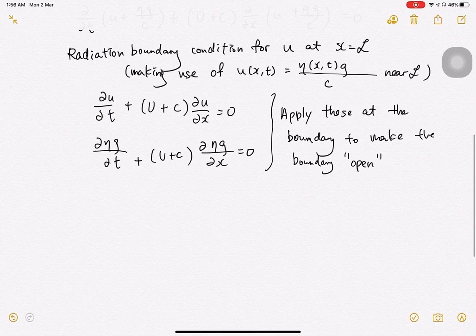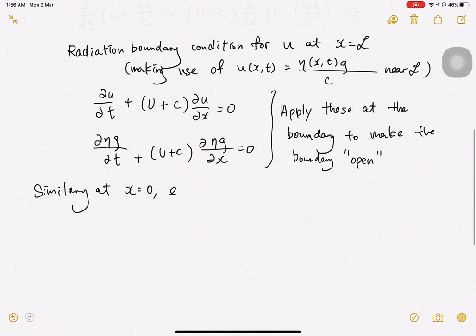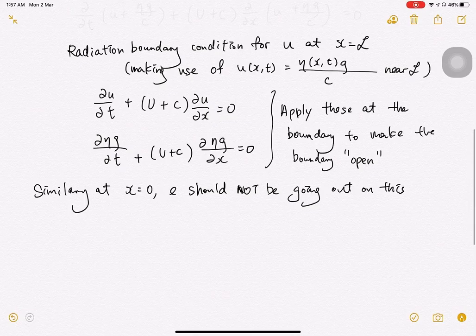Okay, and similarly, at x equal to 0, E should not be going out on this side. And then we can set E to 0 and with a similar method. And then we can find the boundary condition at x equal to 0 to make it an open boundary.